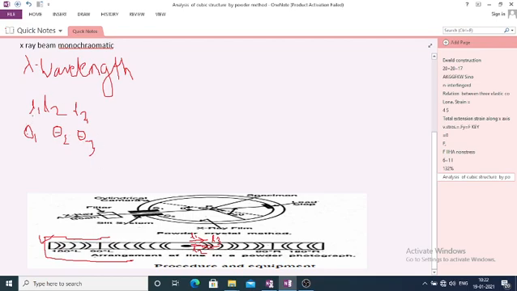So L1 is the distance for the corresponding incident angle theta 1, L2 for the corresponding incident angle theta 2, and so on. So theta 1, theta 2, theta 3 are the corresponding diffraction angles.